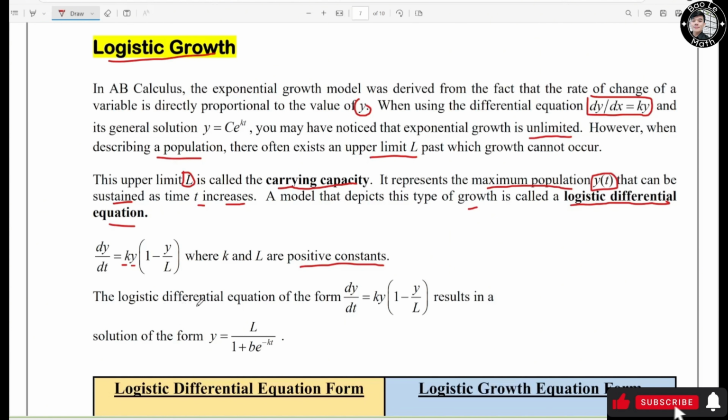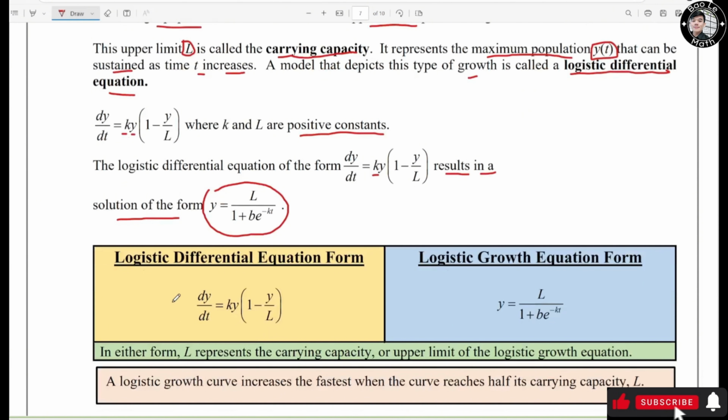The logistic differential equation of the form dy/dt = k times y times (1 - y/L) results in a solution of the form y = L over (1 + b times e^(-kt)). So the logistic differential equation form is this one, and the logistic growth equation form is this one.